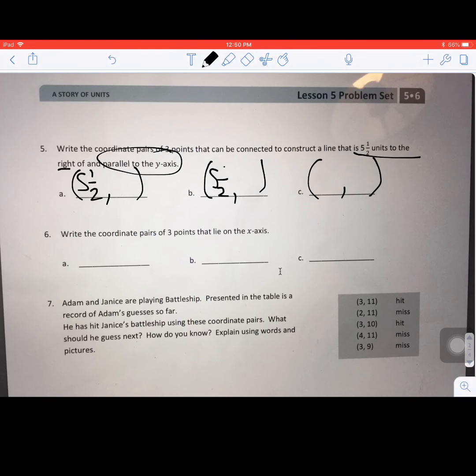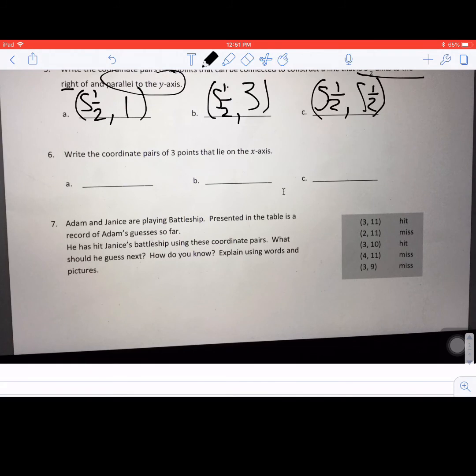To the right implies that it is to the right of the 0, so it's 5.5 units in on the x, and since it's parallel to the y-axis, all of those x coordinates are going to be the same. Then the y can be really anything, can be 1, 3, and even 5.5, because those lines can go on forever.